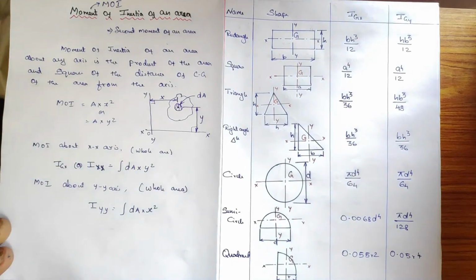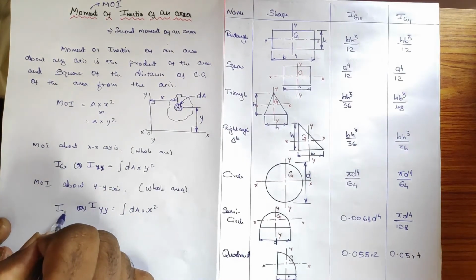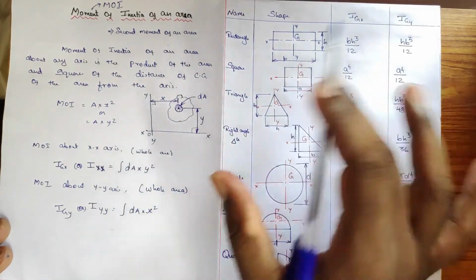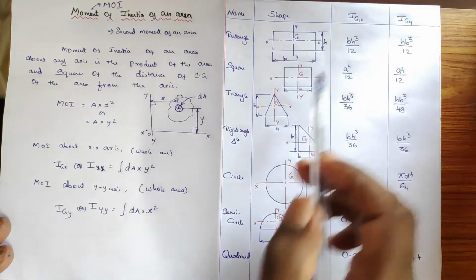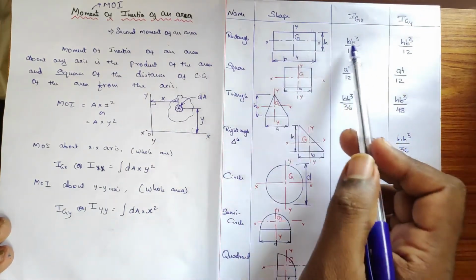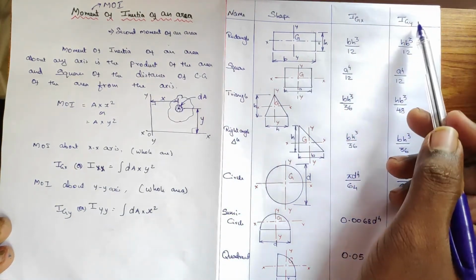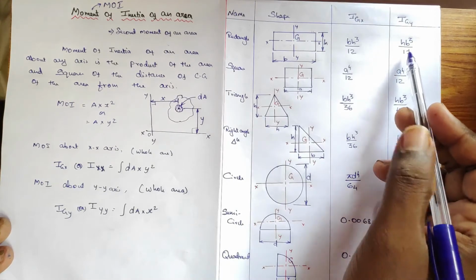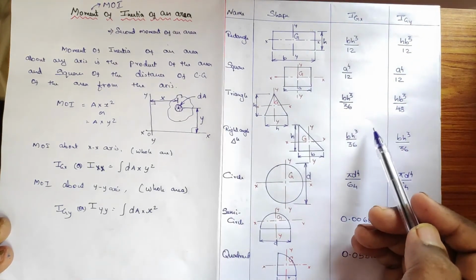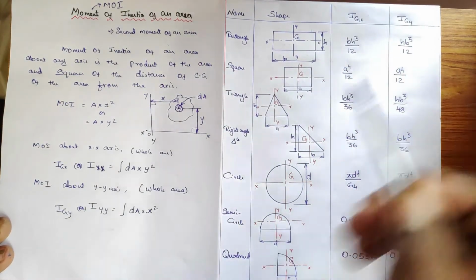Igx, in the sense Ixx, and Iyy is nothing but Igy. After the calculation and derivation, Igx or Ixx for the rectangle is bh cube divided by 12. Igy or Iyy is calculated as hb cube divided by 12. Okay, here bh cube divided by 12, here hb cube divided by 12.